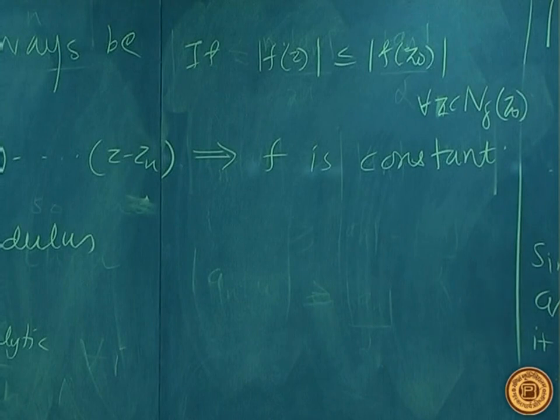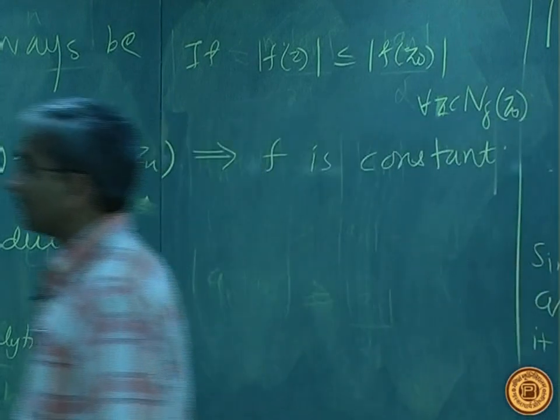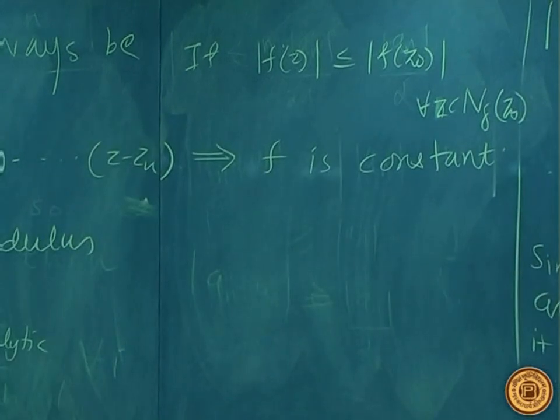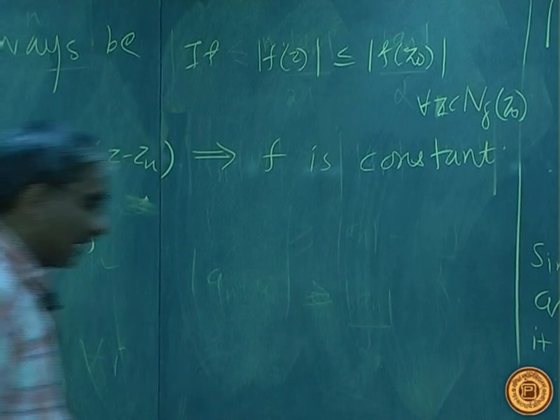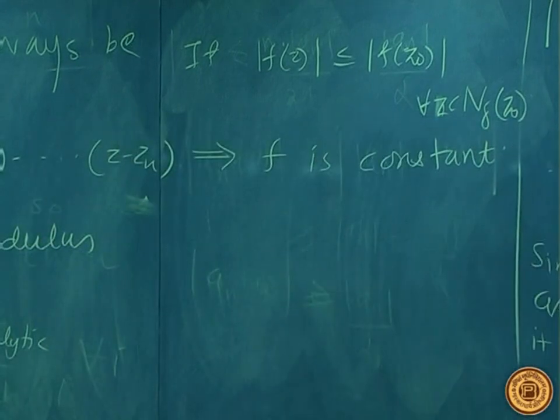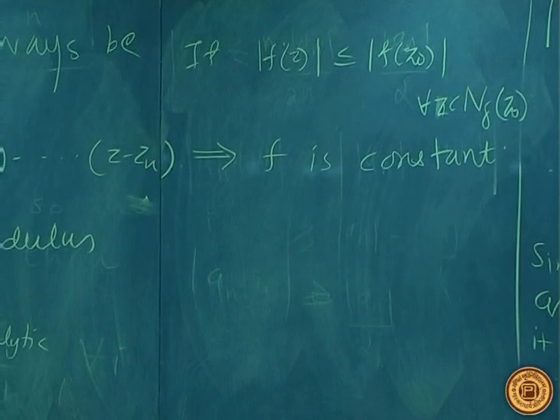So the proof of this we will see next time, so that we will again get a chance to revise the ideas associated with the Cauchy integral formula, and then we will move to the last part, that is Taylor and Laurent series expansion.